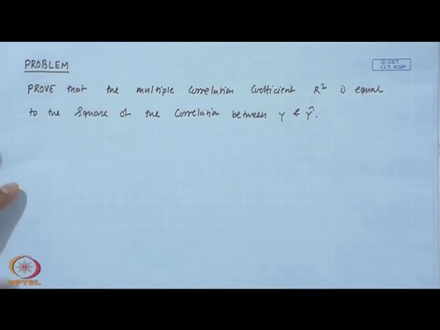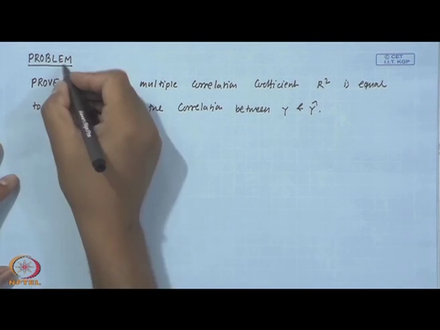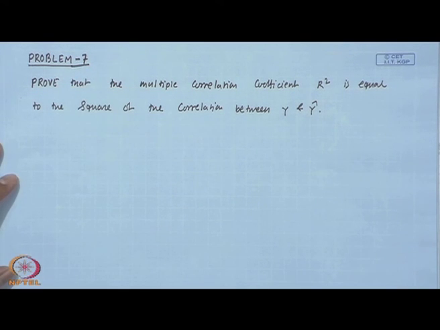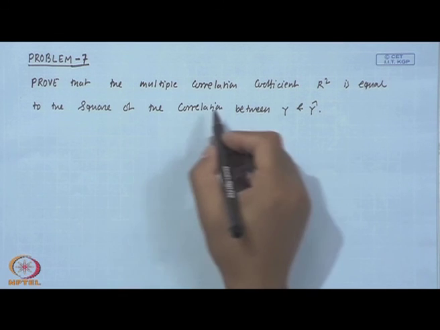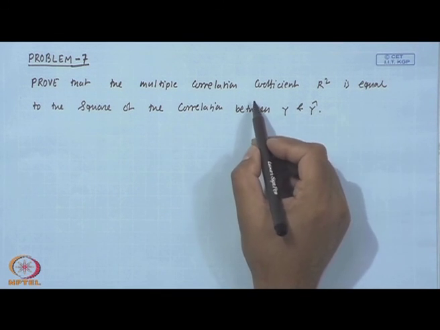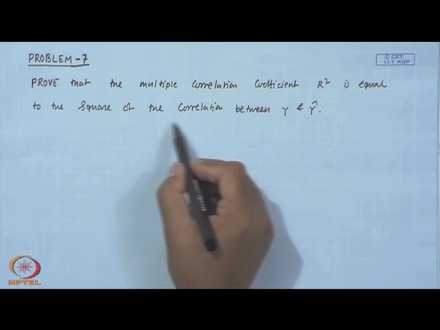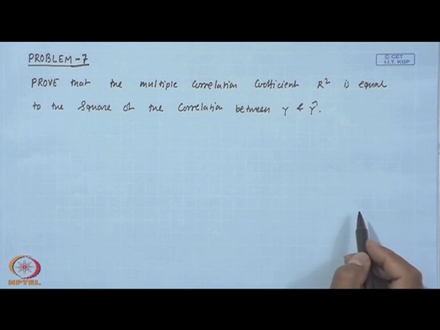Let me prove one more problem, which is again theoretical. Call it problem 7. This problem says that you have to prove the coefficient of determination is equal to the square of the correlation between y and y hat.